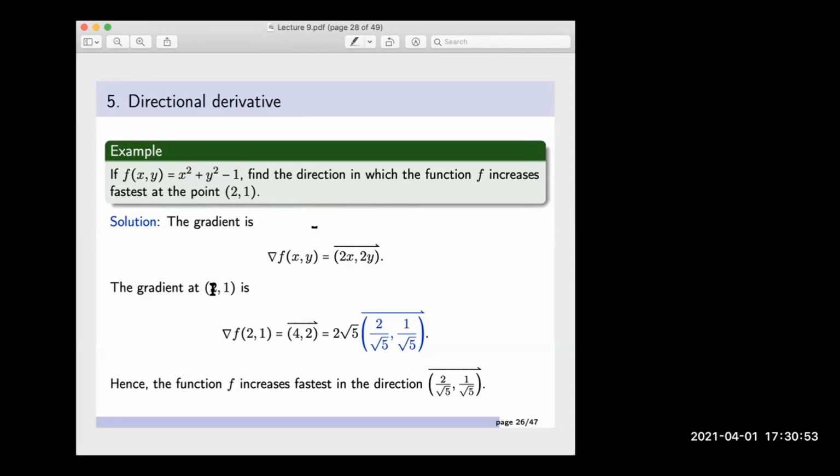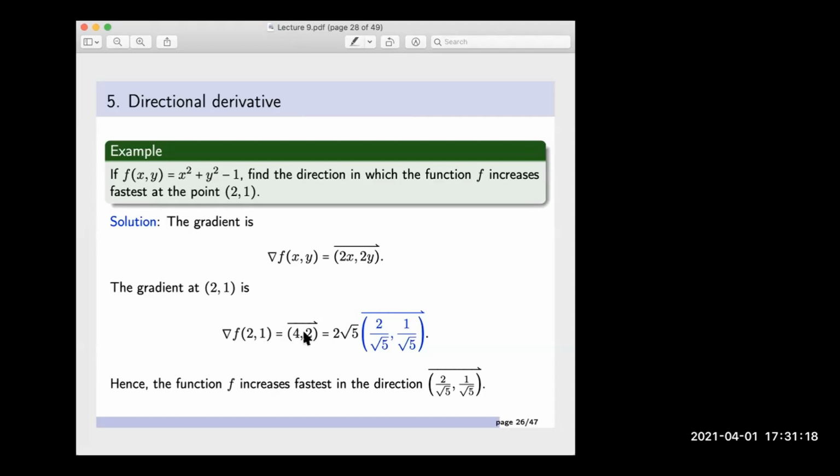If we look at this gradient at the given point, we substitute x to be 2, so we get a 4 here. We substitute y to be 1, so we get a 2 here. So we get a vector. This vector is the gradient of f at the point x, y equals 2 and 1.